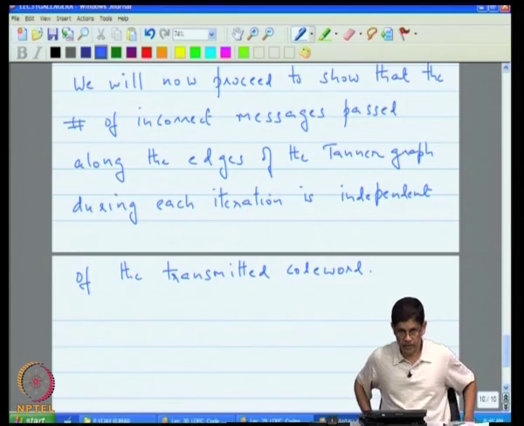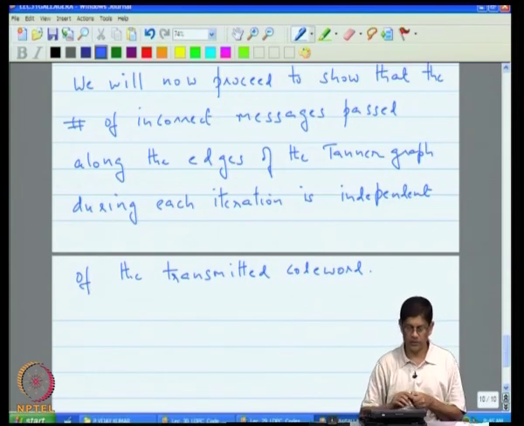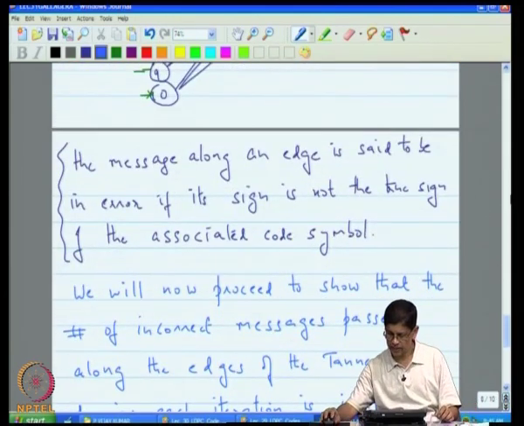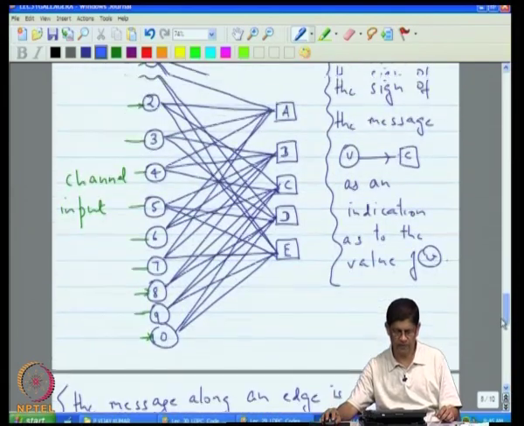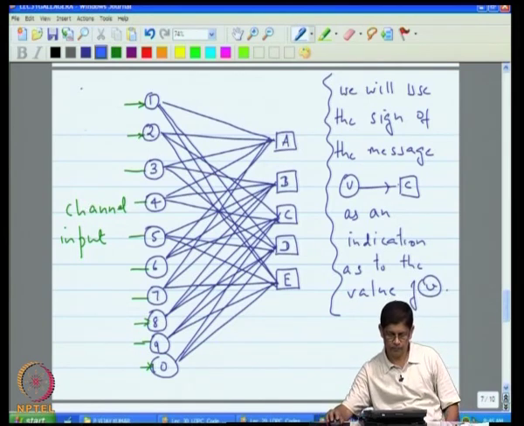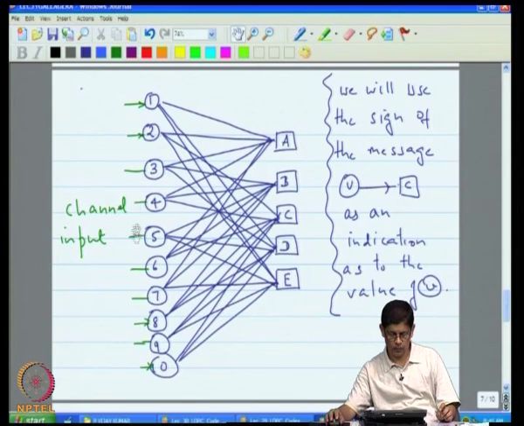So, once we have shown that, to simplify the analysis, we will just assume that the transmitted code word was the all-one code word, because we will now show that the messages that are passed are independent of the actual code word. Let us go to this graph and I will try to explain the reasoning behind that. If the transmitted code word was the all-one code word, then all these messages would initially take on the value at the output of the channel, which is y_t.